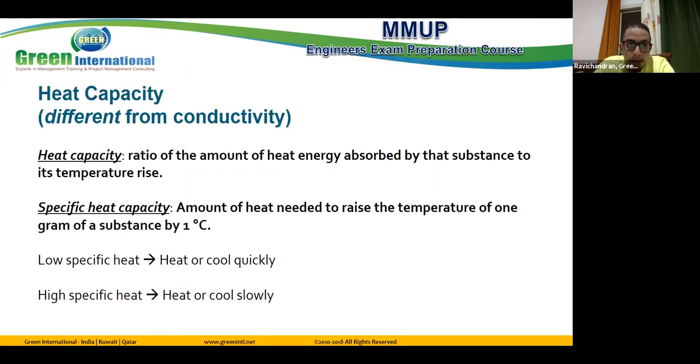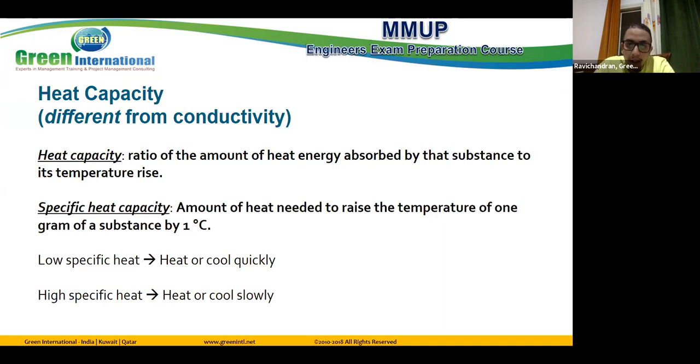Okay. Heat capacity. This definition is very important and critical. Please be careful about this one and the conductivity of the material. Heat capacity is the ratio of the amount of heat energy absorbed by a substance to its temperature rise, which measures the amount of heat.